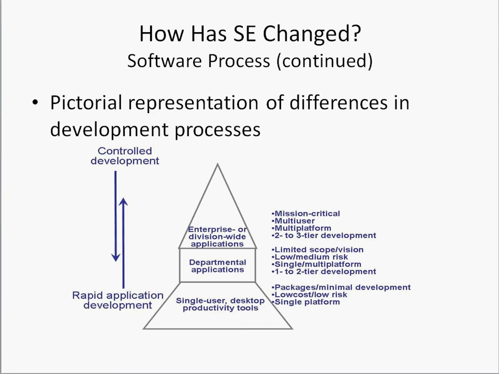Regarding software processes, the level of control in the environment varies as we move from a single user desktop type application to an enterprise-wide application. We find that the level of control is very, very great as we develop applications such as ERP and operating systems, for example.